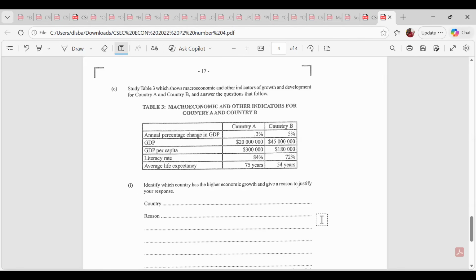Which one of these has the higher economic growth? Country B. Remember, economic growth looks specifically at GDP. Whichever GDP increased by more has the larger economic growth. So the answer is country B, because country B's GDP increased by a larger percentage.